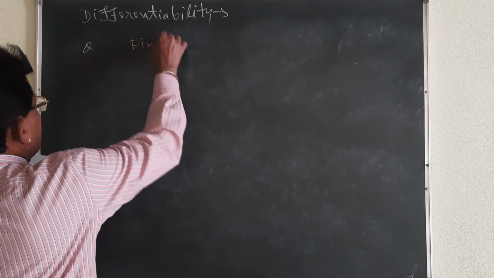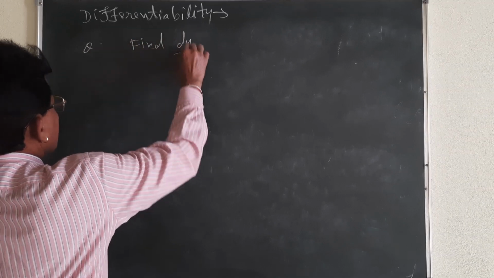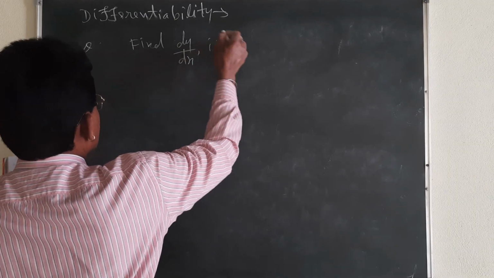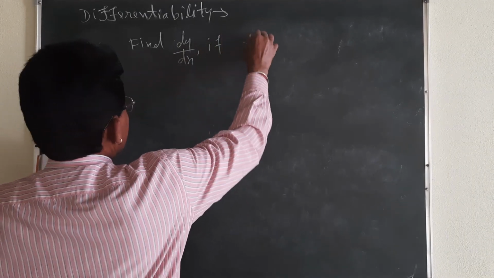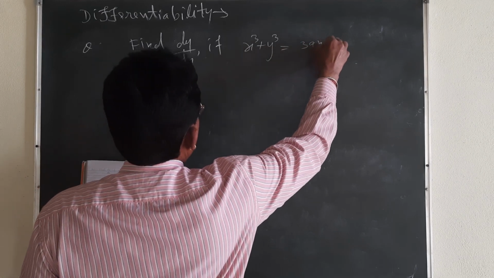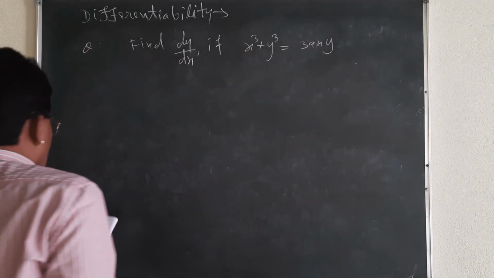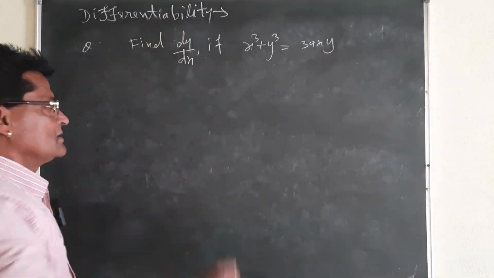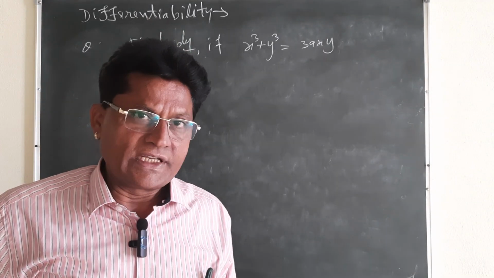Find dy upon dx. I am taking it because your examination is going on. Such questions are very important and generally the students commit mistakes in such questions. Here it is given to find out dy upon dx only.